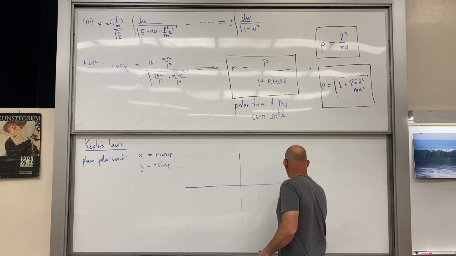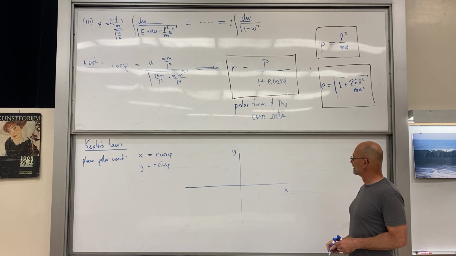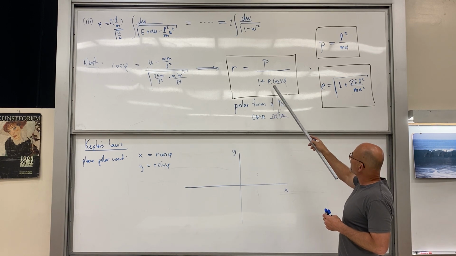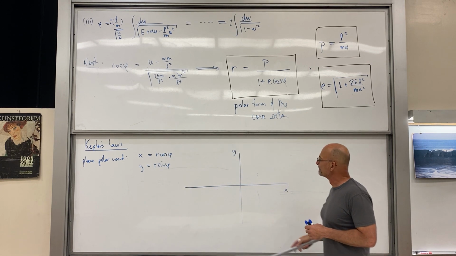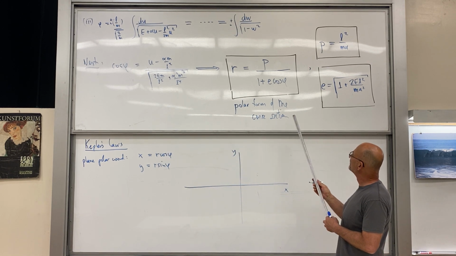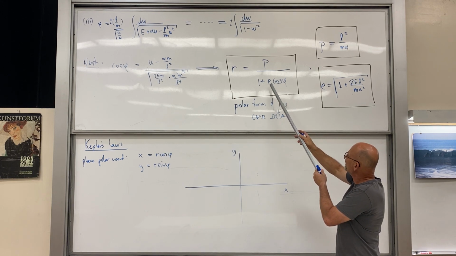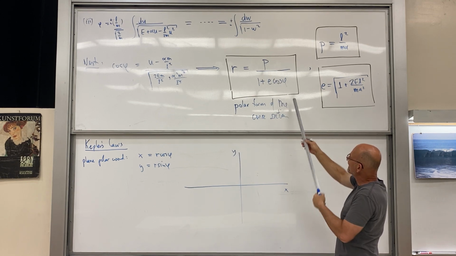I did draw that beautiful ellipse for you once. This one will not be as good. But what do we have here? When phi is equal to 0, x is equal to r, and we have r is equal to p over 1 plus e.